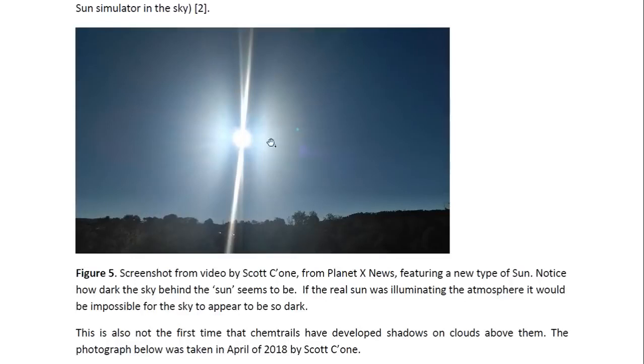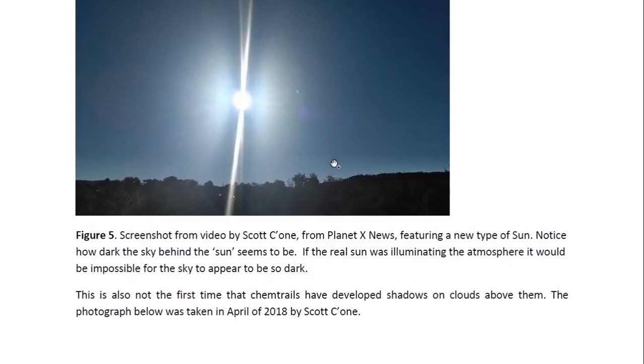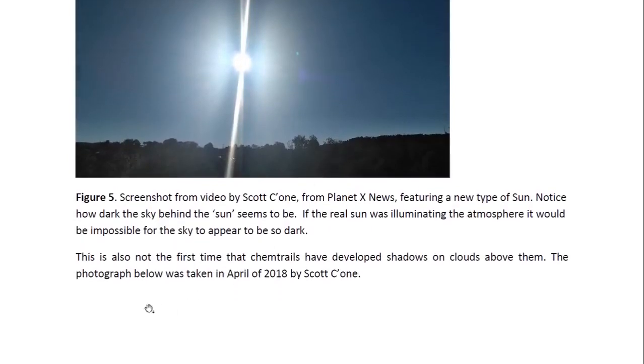And if the sun was still there, still illuminating the atmosphere, the sky would still be bright. We would have a sun simulator close to the observer, and the sky behind it would still be extremely bright because the sun would be illuminating it. The fact that it's not means that the sun is not illuminating the atmosphere, I mean the real sun.